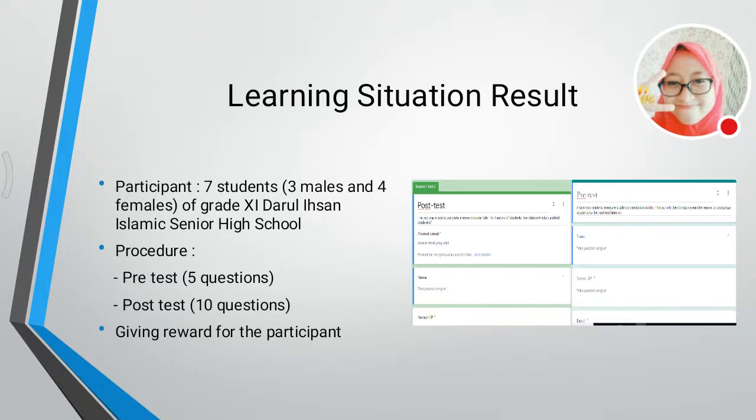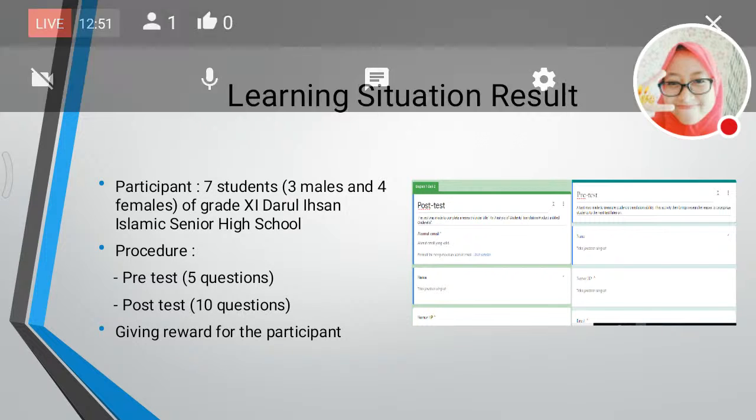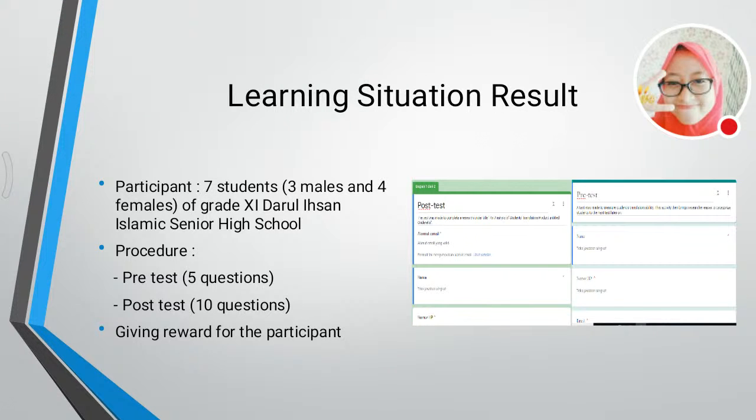At the pre-test I gave them some questions about vocabulary, how a word is built, how a word stands. I mean, they have to identify the word itself, the singular or plural form of a word.